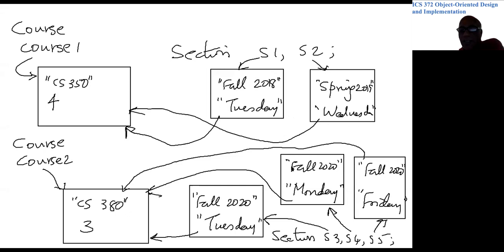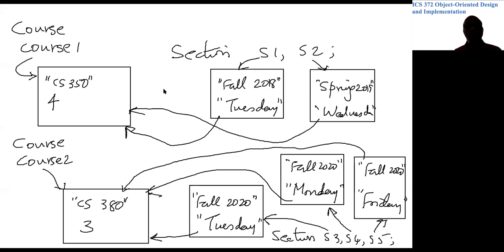Then there are 3 section objects and they all correspond to CS380. You can see that I have put arrows from each one of these. What it means is these 3 objects, S3, S4, S5, are storing references to CS380. So this is a scenario.